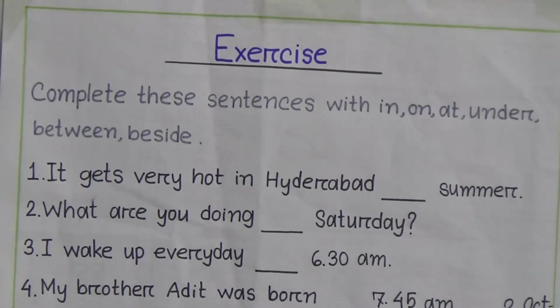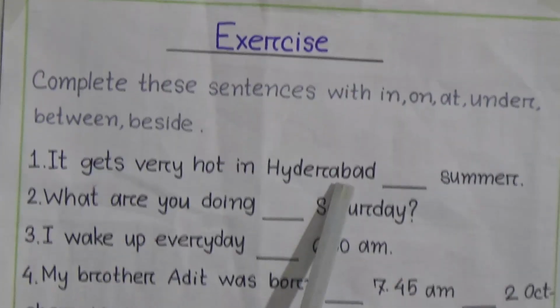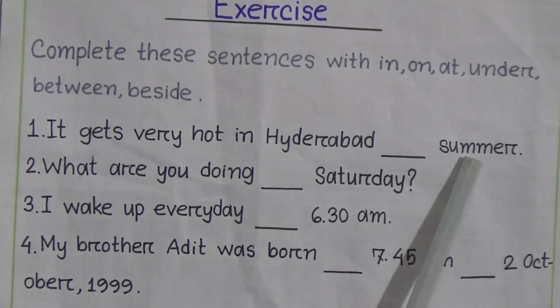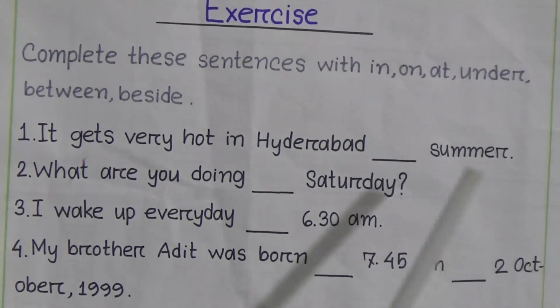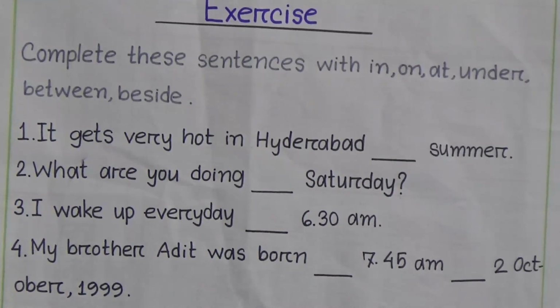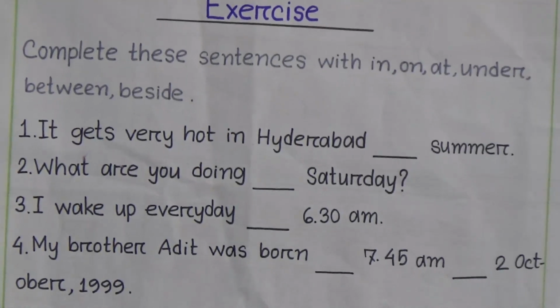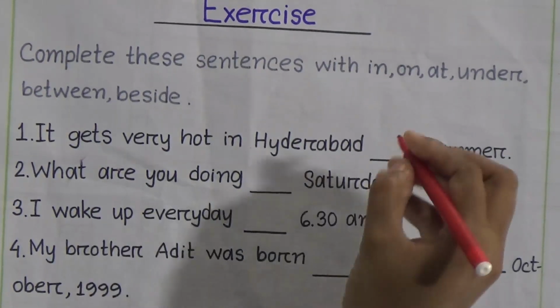Our first question is, it gets very hot in Hyderabad dash summer. Students, look, summer is the name of a season. It's specified. So before a season, we have to use the preposition in.